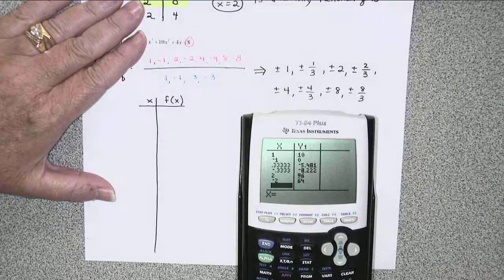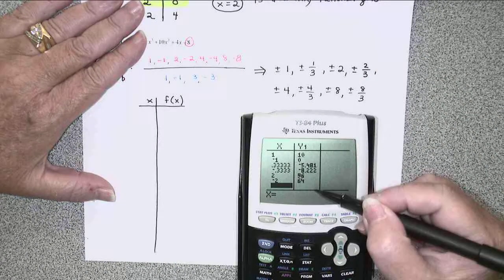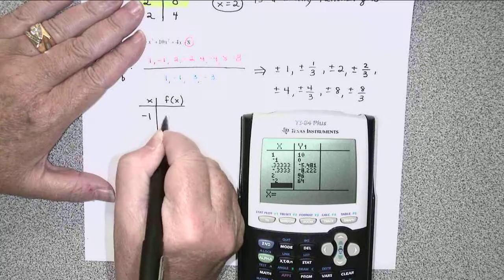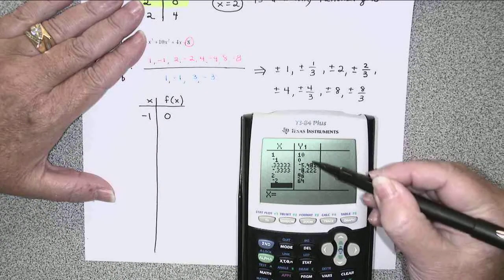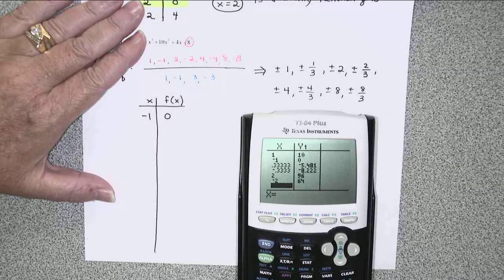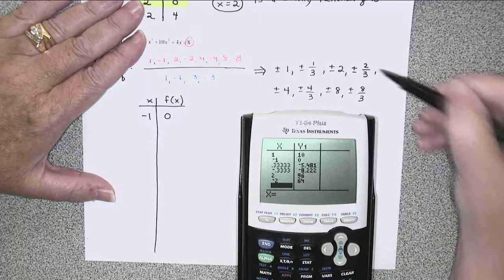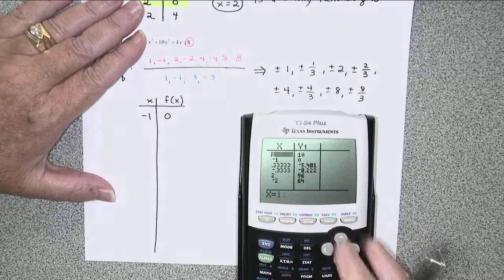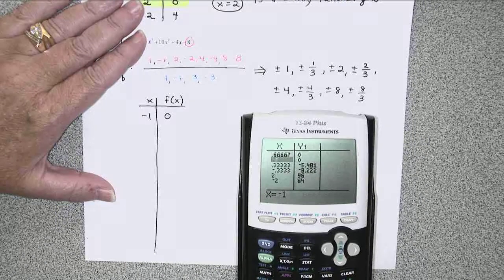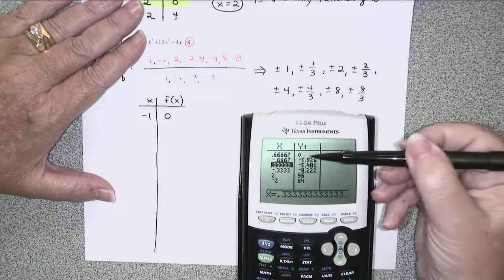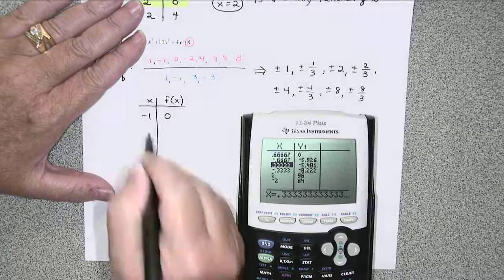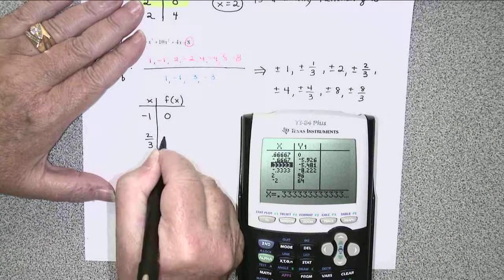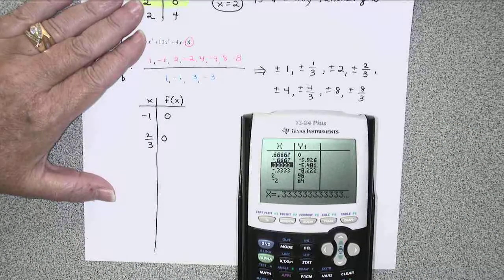2 and negative 2. Of all of those first few, negative 1 was the only one that gave me a y value of 0. Let's go back and see if any other ones do. Let's see, we're up to the 2/3. 2/3 and negative 2/3. Looks like the 2/3 also worked. 4 and negative 4.